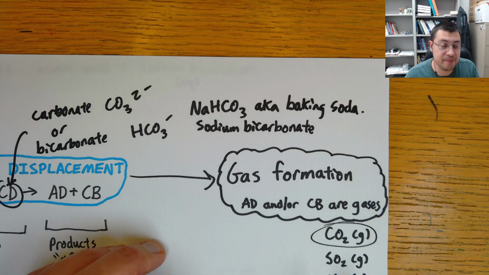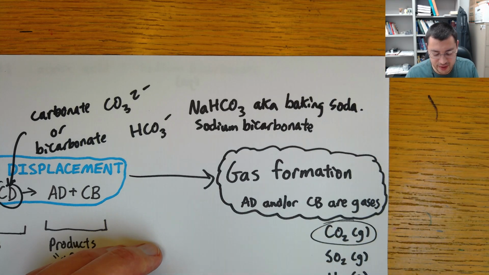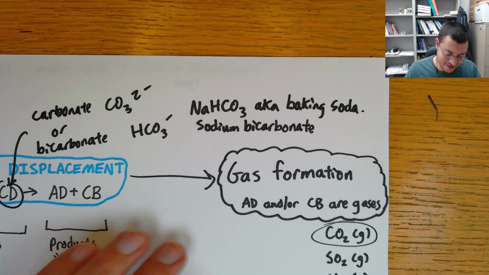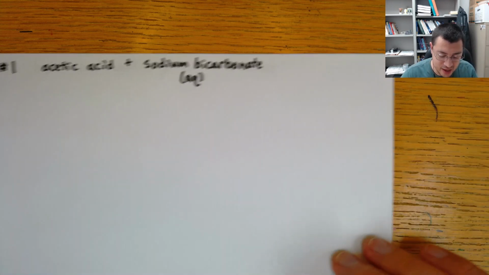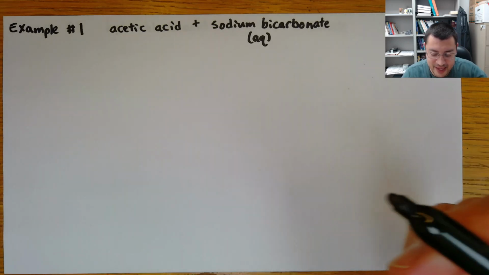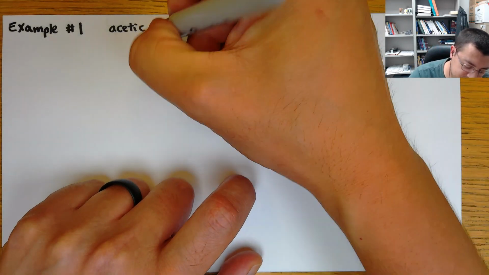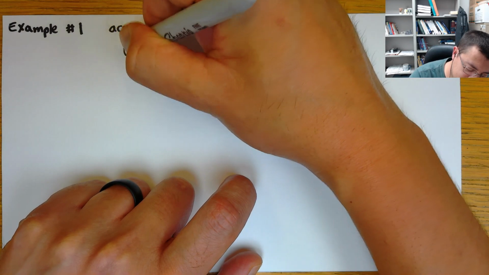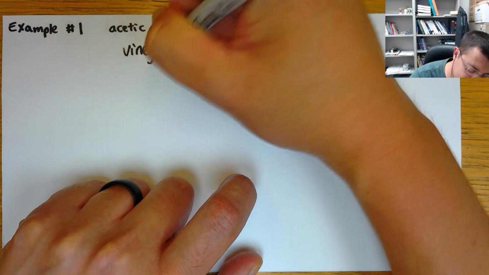So basically today we are doing the baking soda and vinegar reaction on paper. All right, so let's do that. I have two examples today, but the first one will be the vinegar and baking soda reaction. Acetic acid at a 5% concentration is known as vinegar.